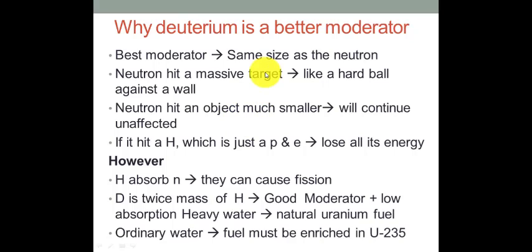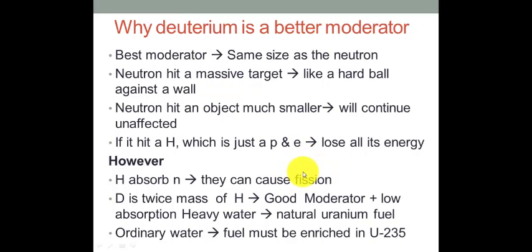If a neutron hits an object much smaller than itself, it would just continue virtually unaffected. But if it hits a hydrogen, which is just a proton and an electron with almost exactly the mass of the neutron, it could lose all of its energy in almost one collision, just like in a game of billiard balls. However, hydrogen absorbs neutrons as well, and we want to preserve these neutrons for the fission reaction.